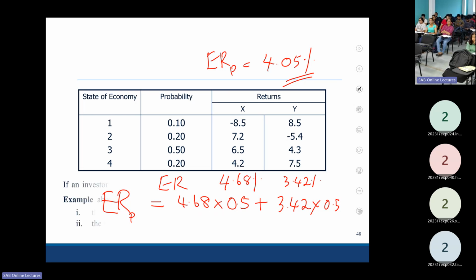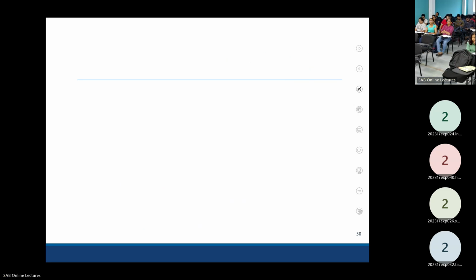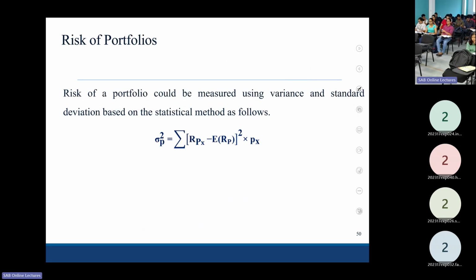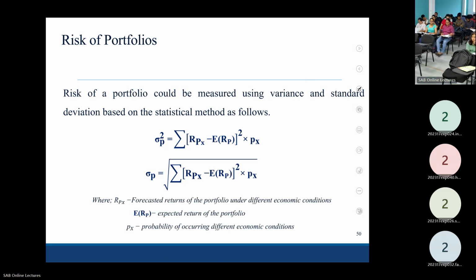So you have discussed the standard deviations and things. So you can see the formula. Even for the portfolio standard deviation, this is portfolio variance, portfolio expected return variance. This is standard deviation, same.